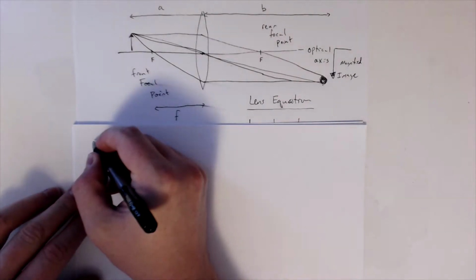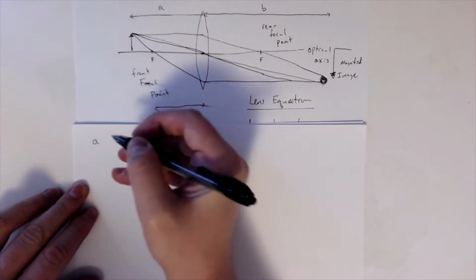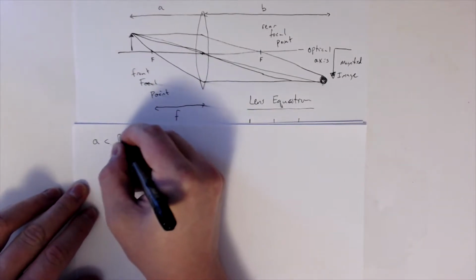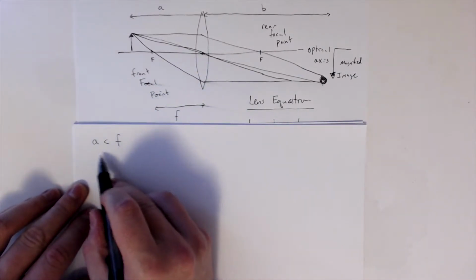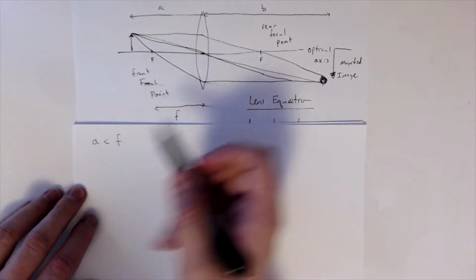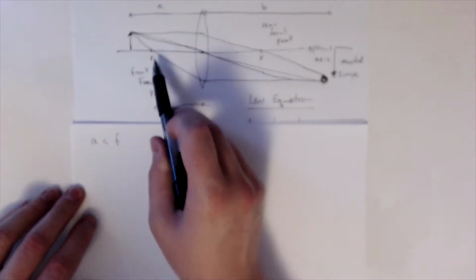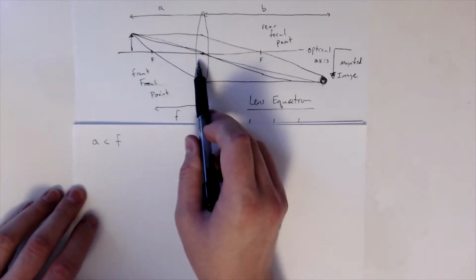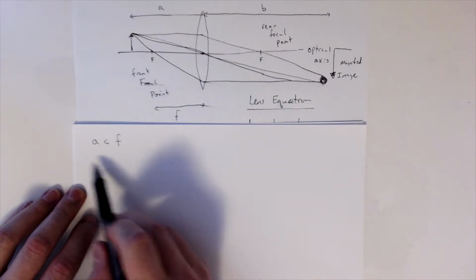So for the first one, I want to look at a scenario where we have an A value that's less than the focal length. So again, A here is less than this length. So not the way that we've drawn it, but this is different.